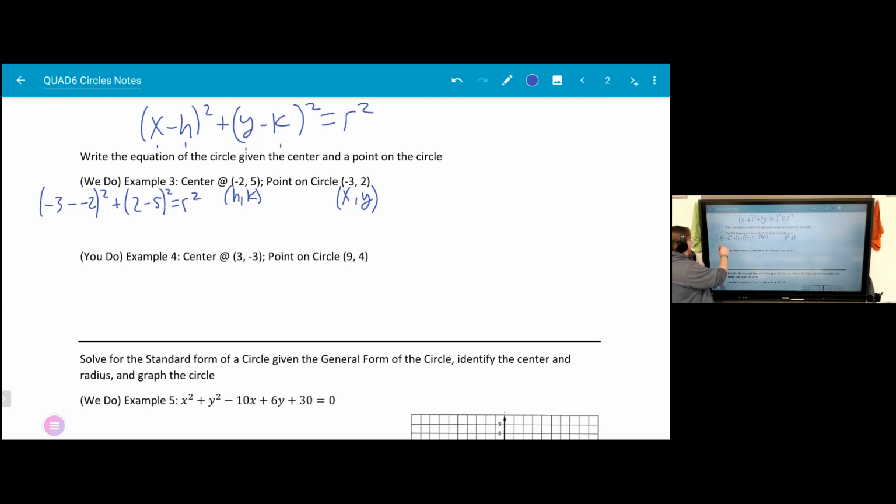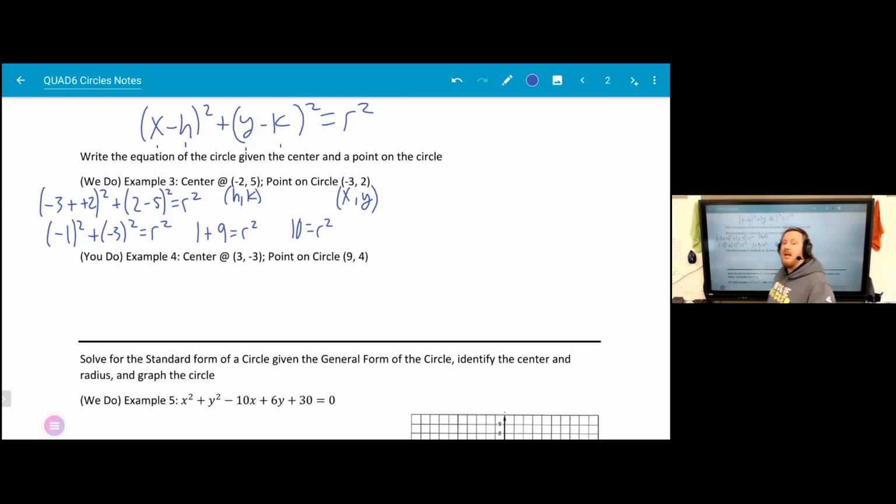Well, -3 plus 2 is -1, so -1 squared plus -3 squared equals R squared. Remember, when you square a negative number, you get a positive. So -1 squared is 1, plus -3 squared is 9, equals R squared. So 10 equals R squared.